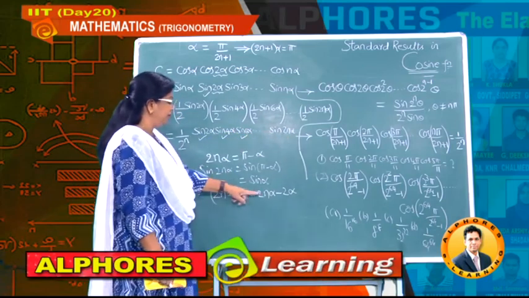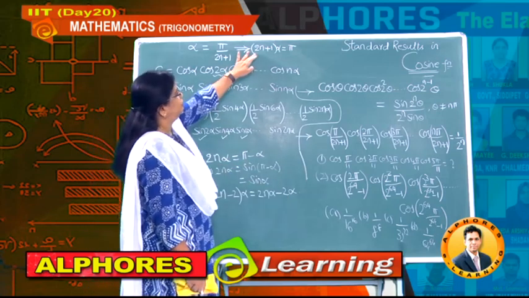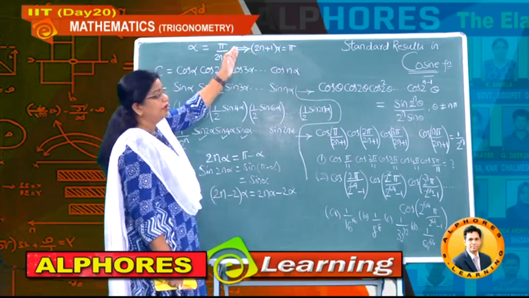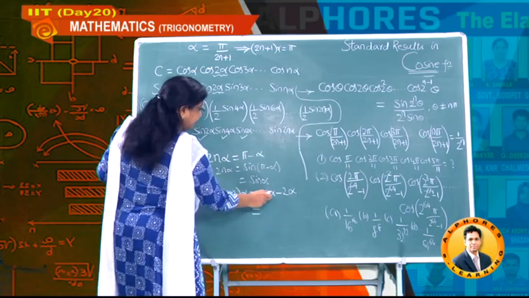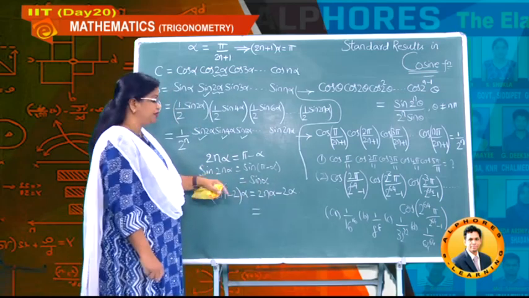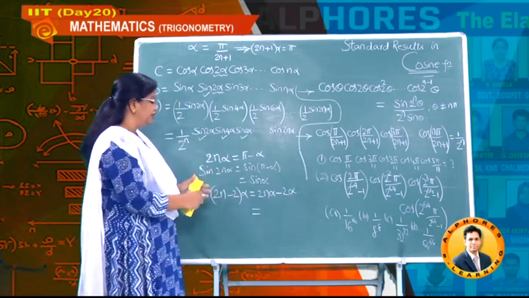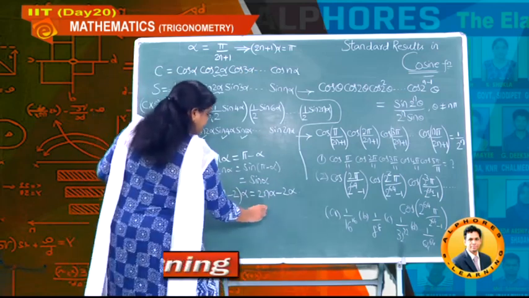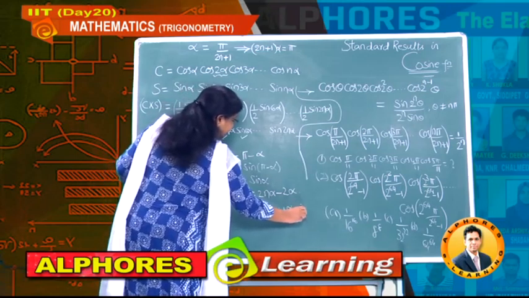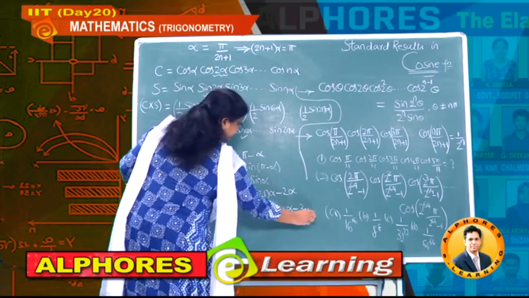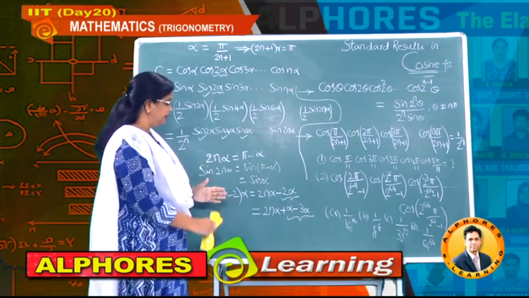And now what is actually our value? Pi means 2n alpha plus alpha. So here we add and subtract: 2n alpha plus alpha, if I write, what will happen? 2n alpha plus alpha minus alpha, that means minus 3 alpha. Now this is nothing but, students, minus 2 alpha.